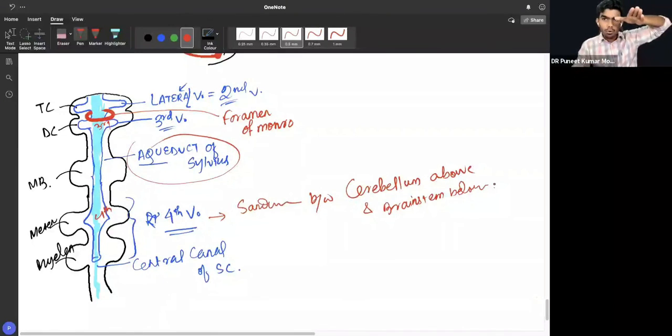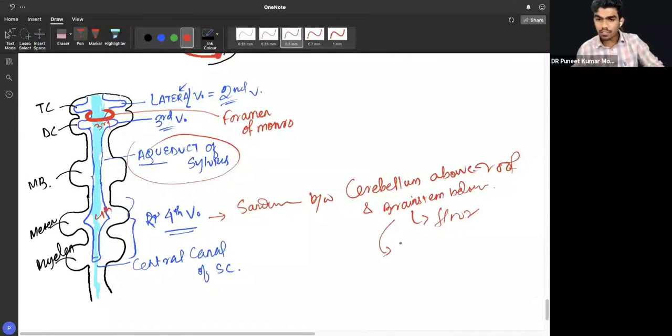So the roof of the fourth ventricle is formed by the cerebellum, and the floor is formed by the brainstem. The brainstem is present anteriorly, and the cerebellum is present posteriorly, and in between these two structures is your fourth ventricle. So cerebellum forms the roof, brainstem forms the floor.